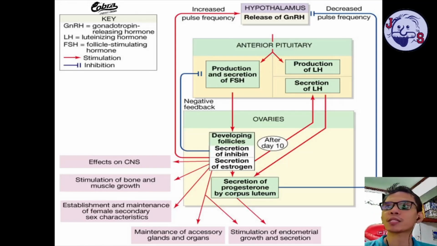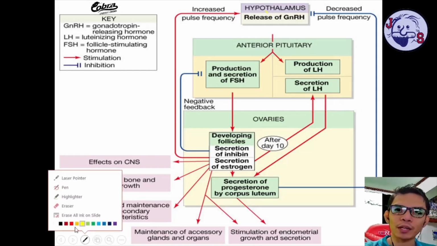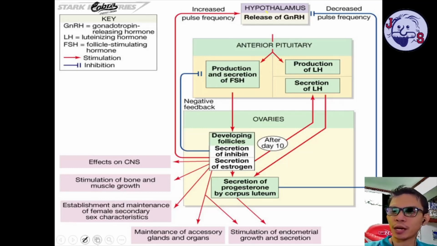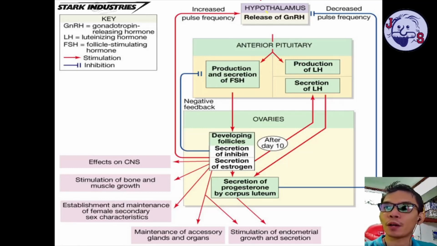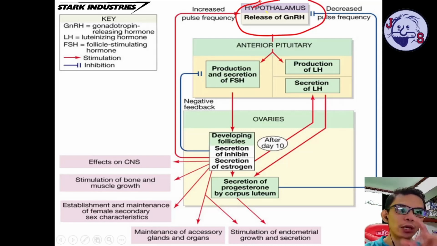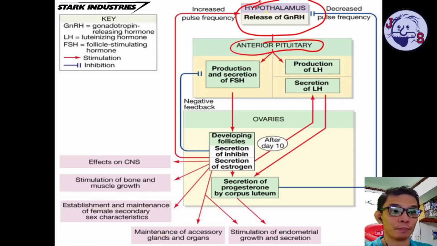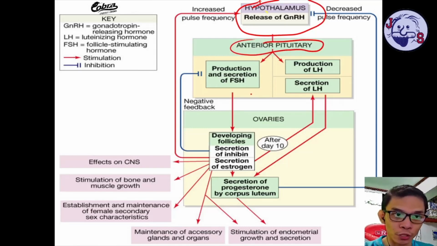Let's start with the release of GnRH in the hypothalamus. It will target the anterior pituitary gland, where the follicle stimulating hormone is produced.